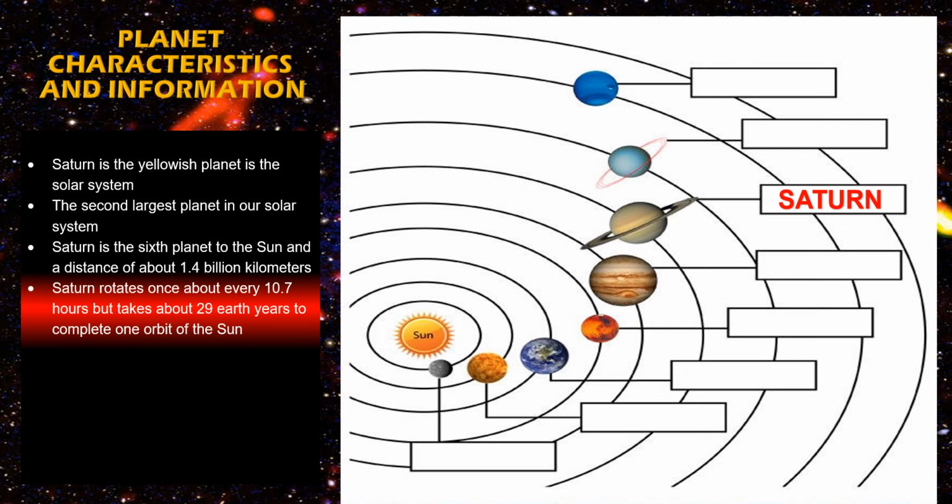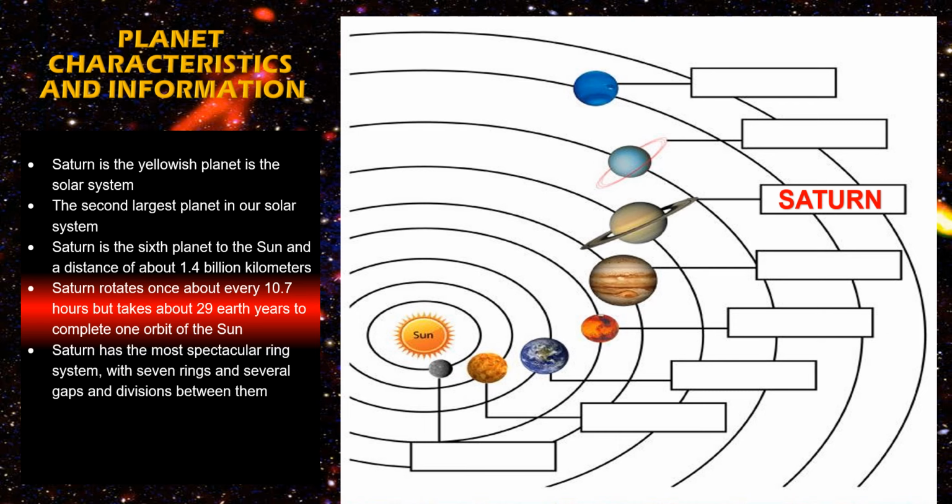It rotates once about every 10.7 hours, but it takes about 29 Earth years to complete one orbit of the Sun. Saturn has the most spectacular ring system with 7 rings and several gaps and divisions between them. Saturn has 82 moons and its atmosphere is made up mostly of hydrogen and helium.